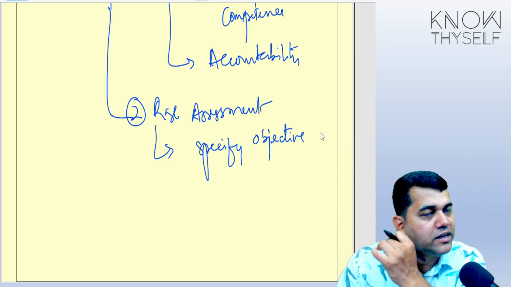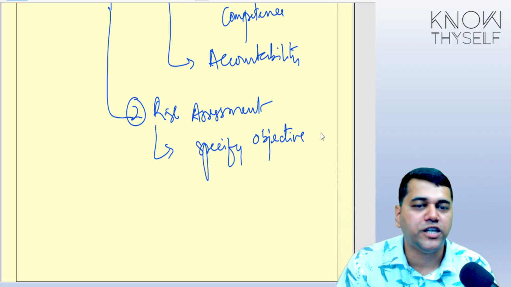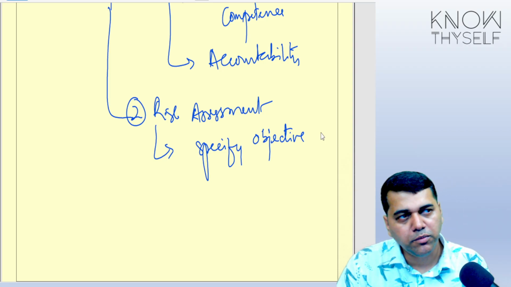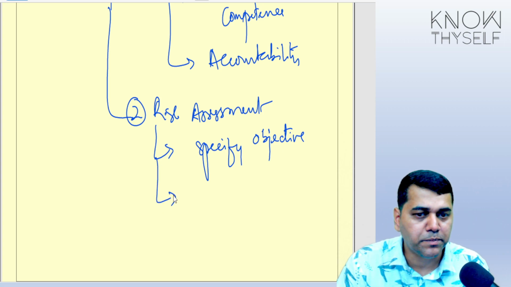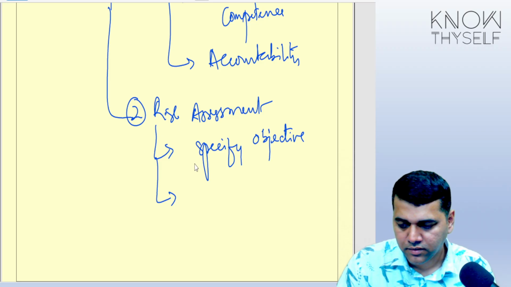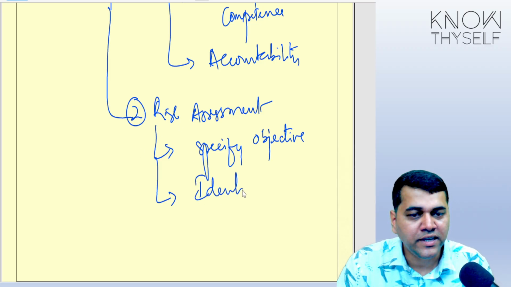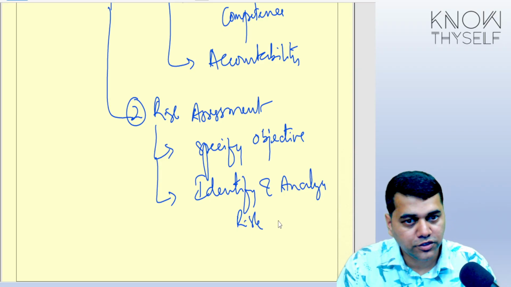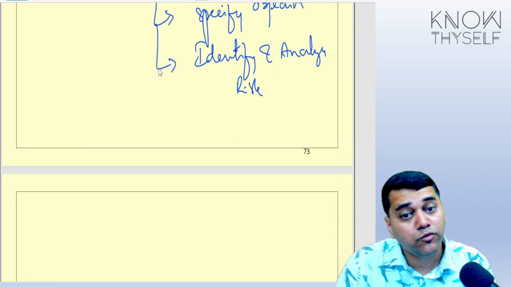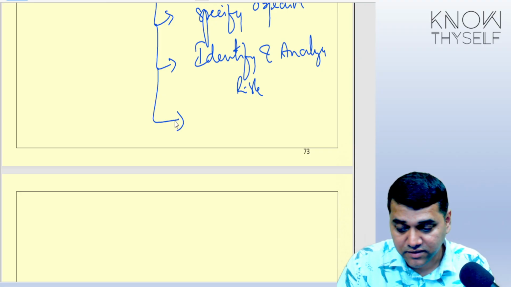So first you be very clear what exactly is important to you. Because if you are not able to figure out what is important to you, you will not perceive the risk. Risk is always a perception. Then identify and analyze the risk. First you define what is important to you, then you see what can threaten it.